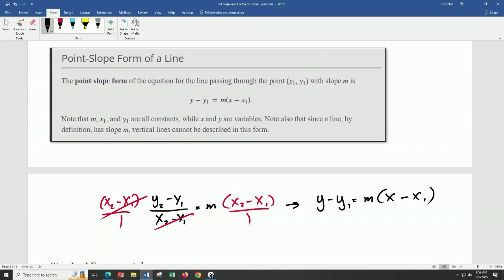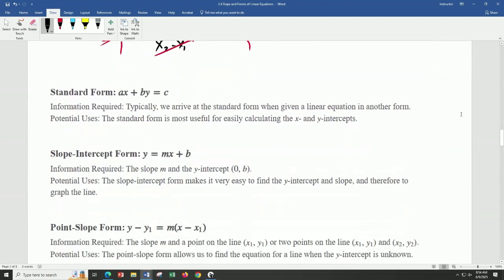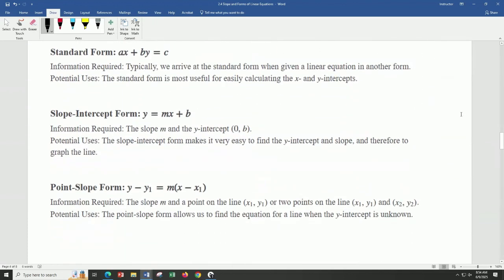They're using the slope to derive a way to find something. So let's see how this works. Remember, you have some forms of lines that you need to remember before we get into the examples. Those are all the different forms of a line, okay?